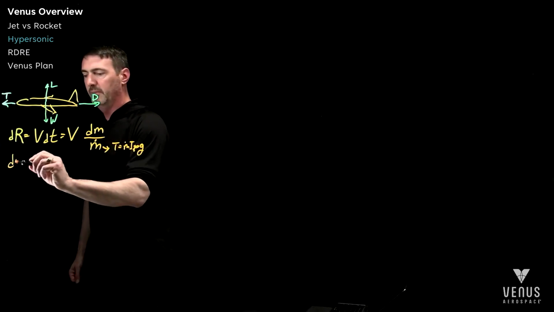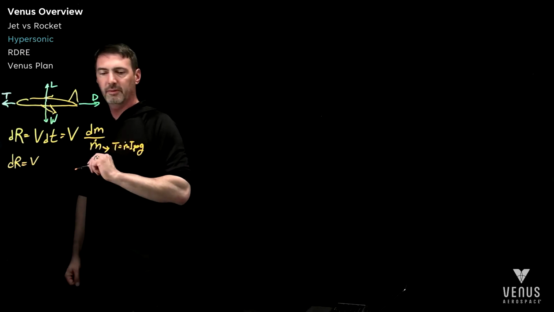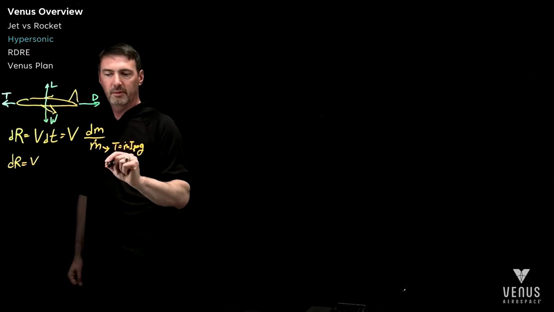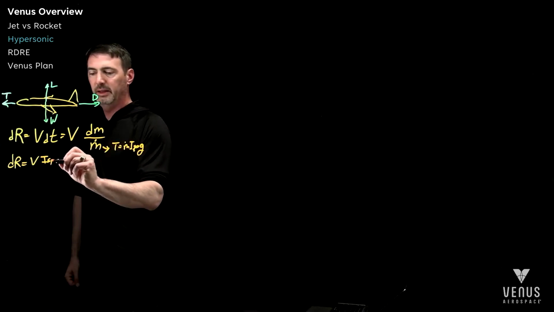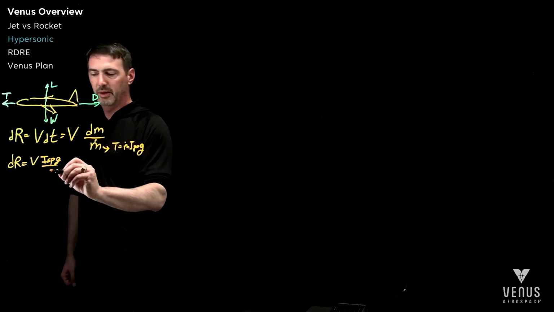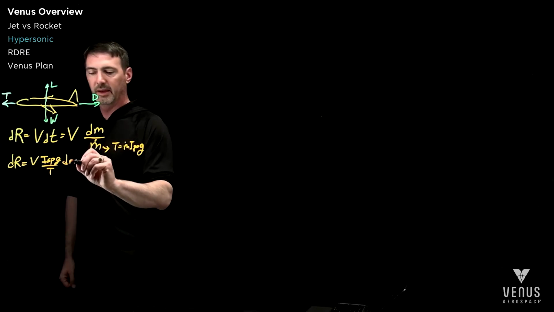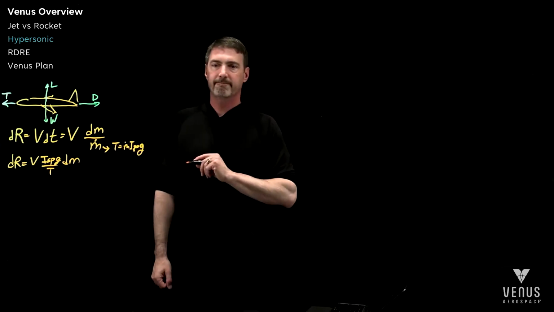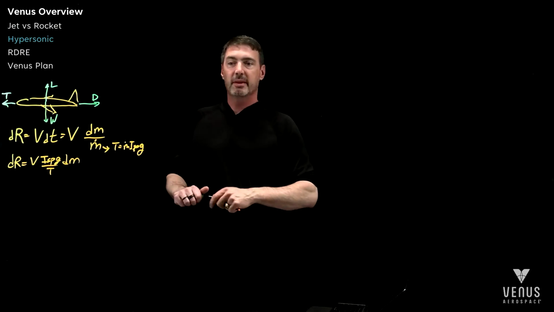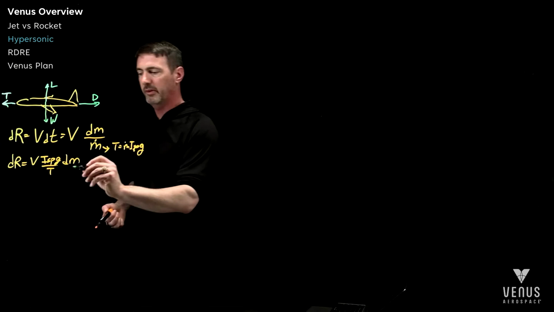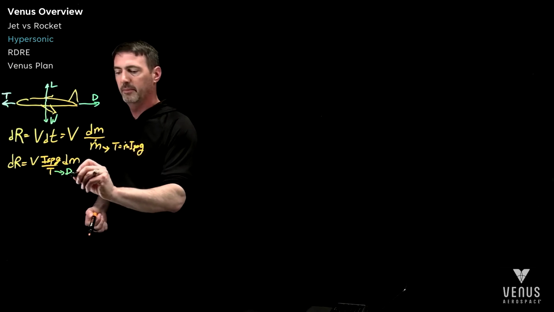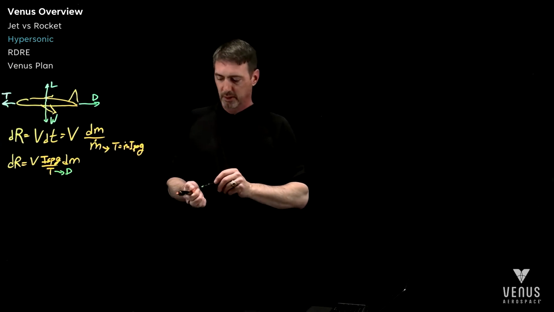And so dr is the speed of the aircraft, and then 1 over m dot, and so you get ISP times gravity divided by the thrust, and then again that dm shows back up. But thrust is simply drag, right? If this aircraft is not accelerating, then thrust is equal to drag. And so I'll put that in there.